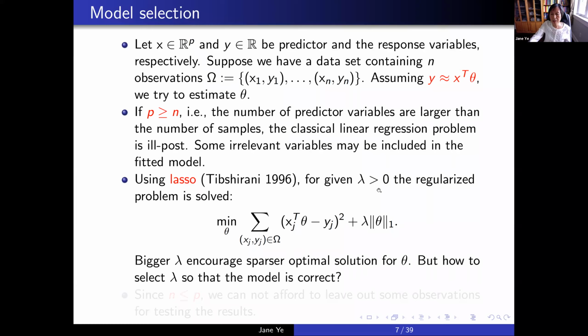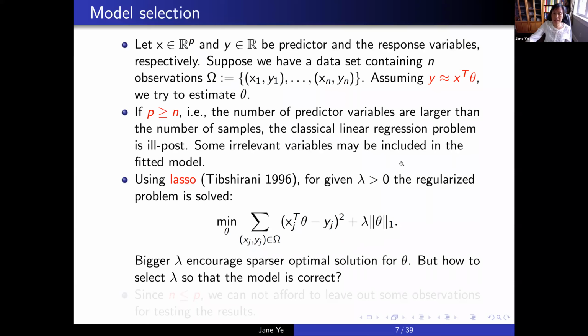So given lambda, like a penalty parameter, the lasso problem is sort of a penalized least squares method. You minimize the mean square error plus this penalty. If lambda is bigger, then the optimal solution will be sparser, right? It means there are more zero components in the optimal solution.